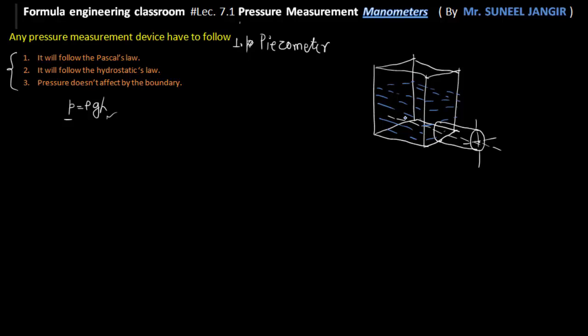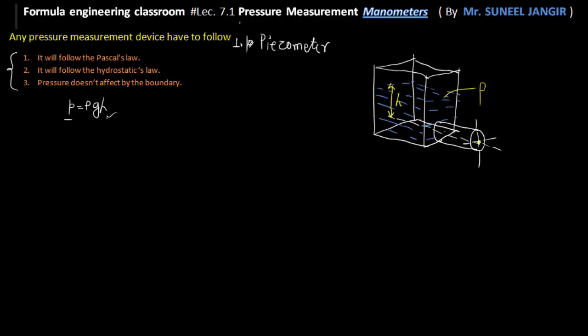Let's suppose the height of the free surface of this fluid from this center line is h, and the density of this fluid is rho.